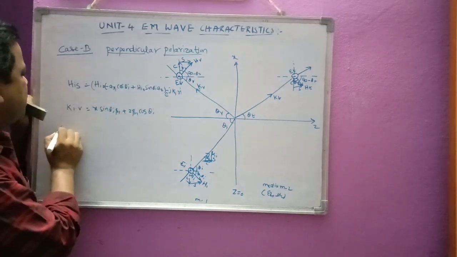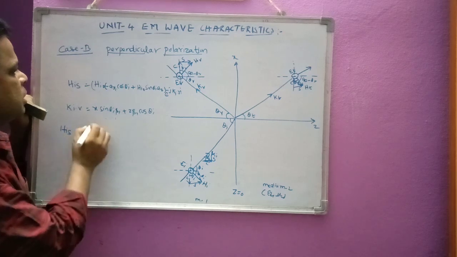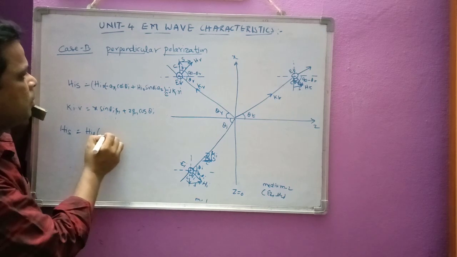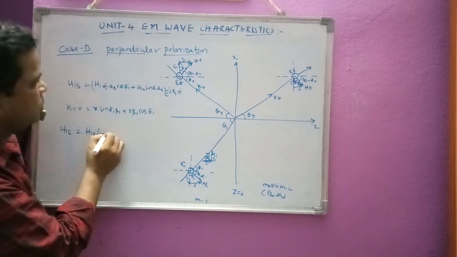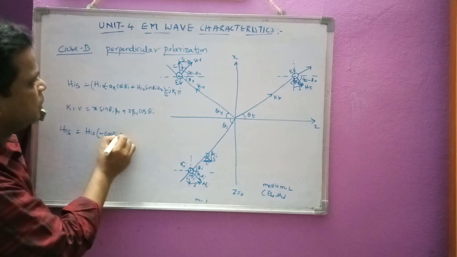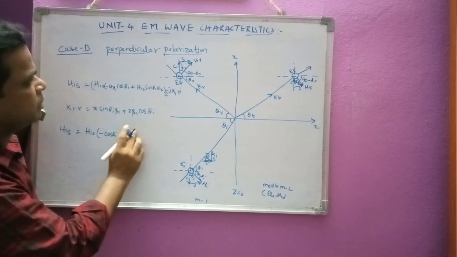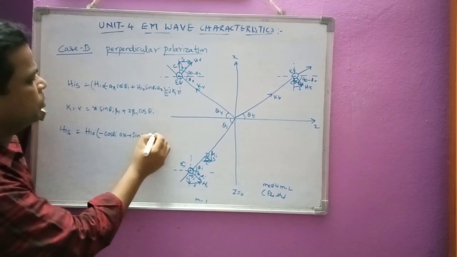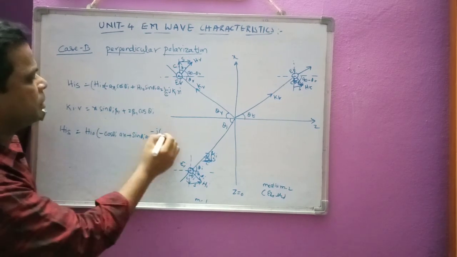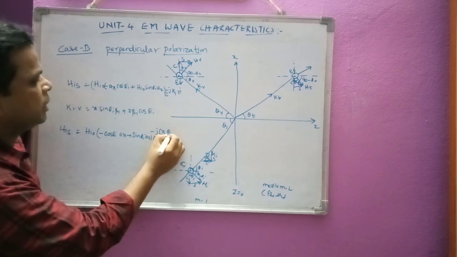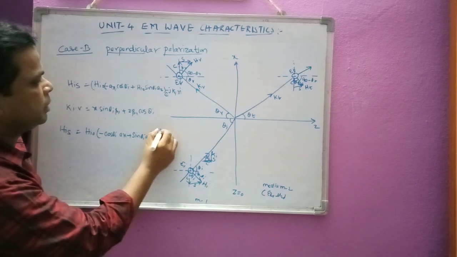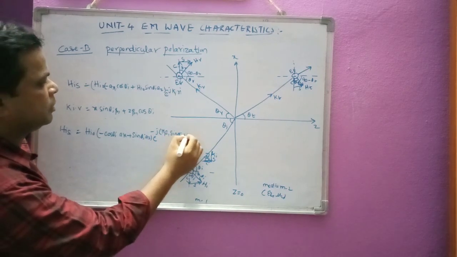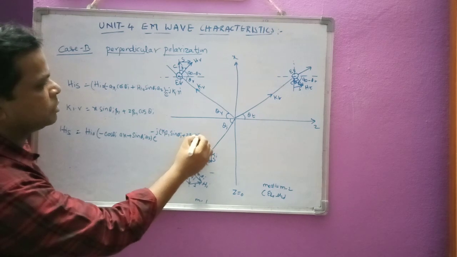Now I can finally write the equation for HI of S as HI naught, taking it as common, HI naught into minus cos theta I ax plus sin theta I az, into e power minus j k dot r. k dot r will become x beta 1 sin theta I plus z beta 1 cos theta I here.